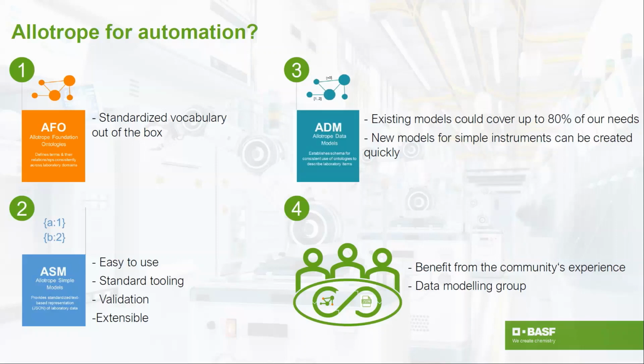Then we looked at the data models available, and from the looks of it, I'll be a bit bold and say we have models to cover about 80% of our needs, which is great. So we're already a lot of the way there.